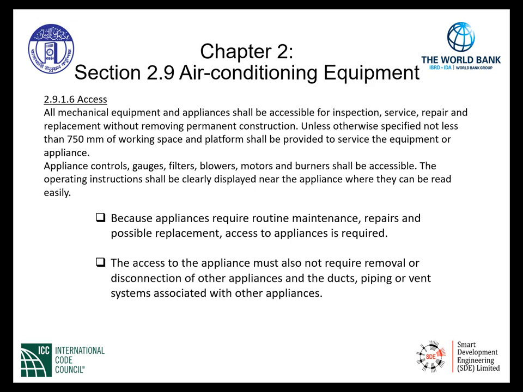Not less than 750 millimeters of working space and platform shall be provided to service the equipment or appliances. Appliance controls, gauges, filters, blowers, motors, and burners shall be accessible. The operating instructions shall be clearly displayed near the appliance where they can be read easily.